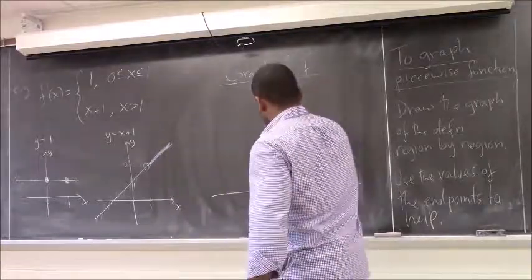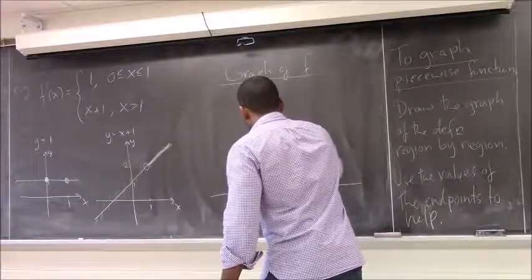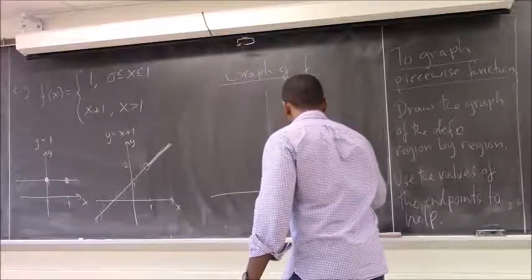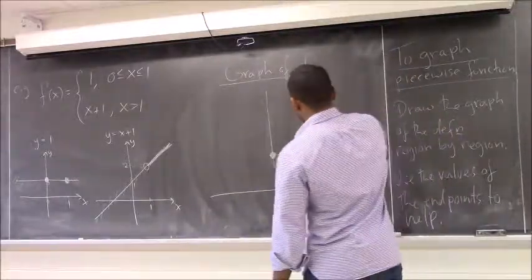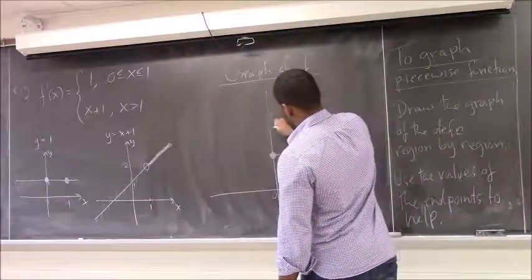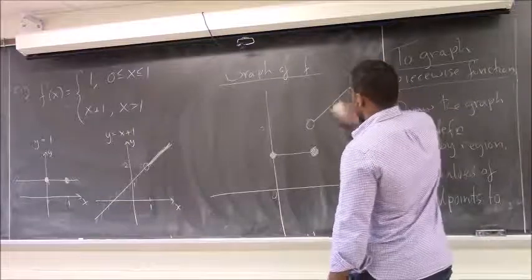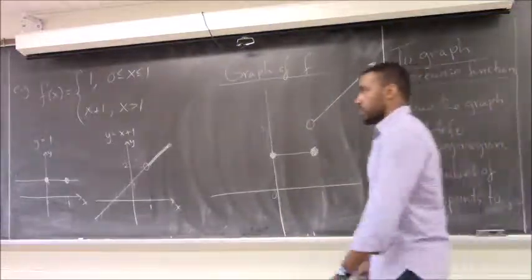The graph of f looks like the following. It's 1 between 0 and 1. And then at 1, it's here, that's at 2, and then it increases. So that would be the graph of this function.